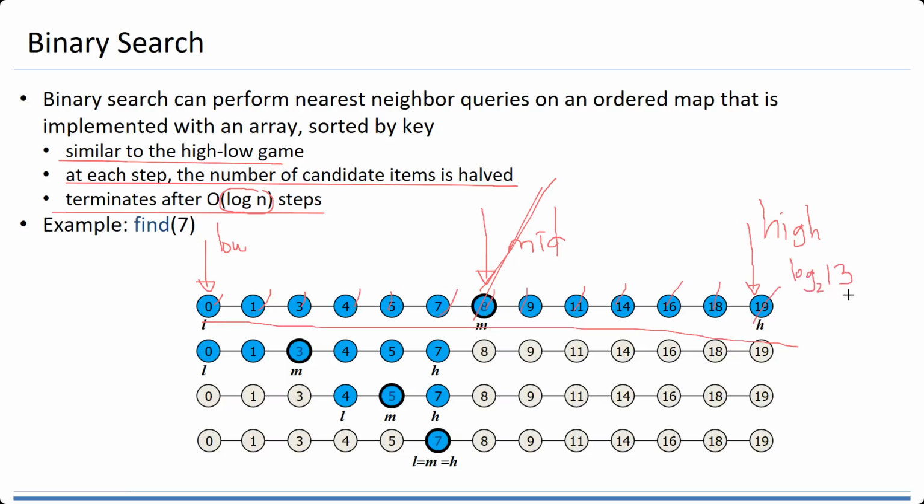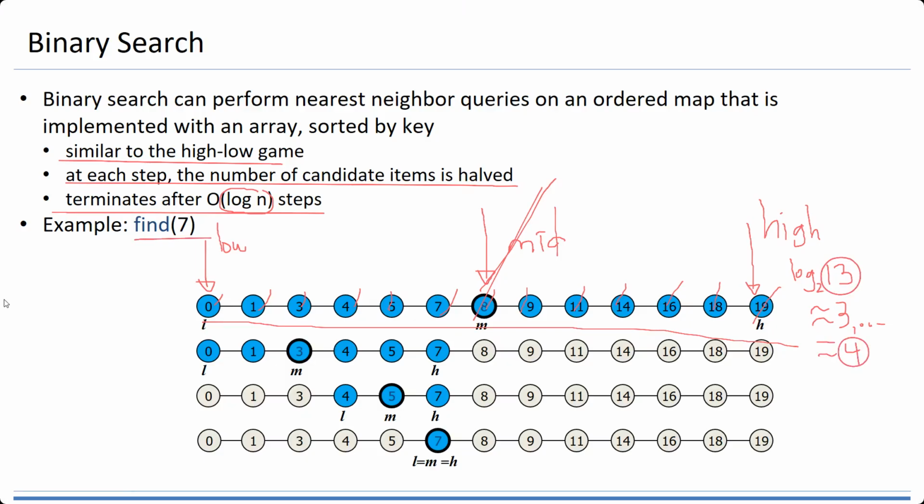Maybe it is about 3 something, then it rounds up to 4. So you don't need to search 13 times, but by only 4 procedures, you can search.